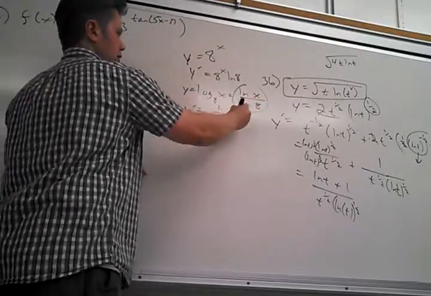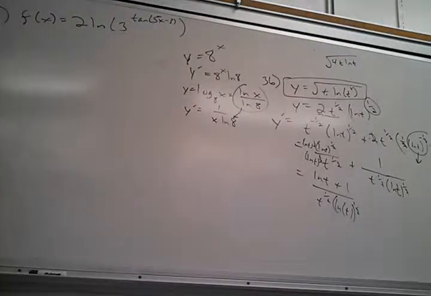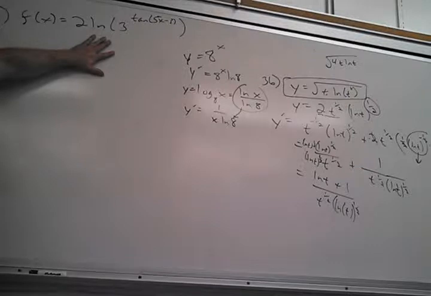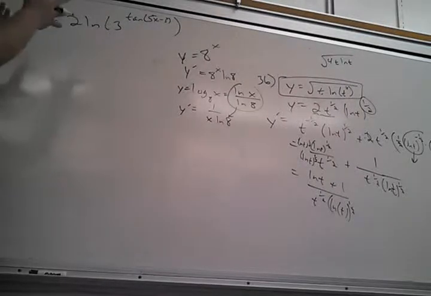So it'd be 2 over 3 raised to the tangent of 5x minus something, times the derivative of that, and that's where this is going to roll in, right?